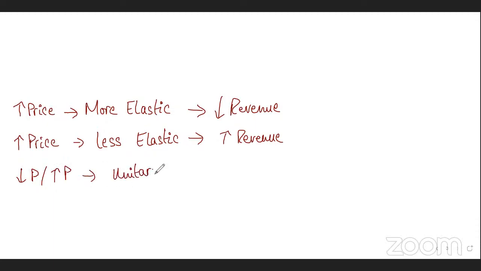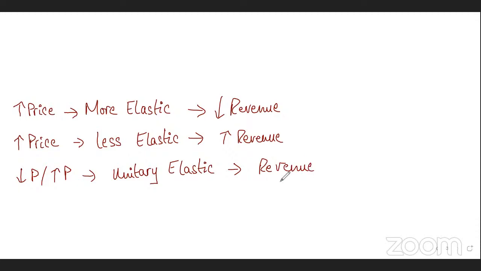Don't get confused with the term revenue or expenditure, Zohan. It's the revenue from the producer side and the expenditure from the consumer side, so technically it means the same thing.